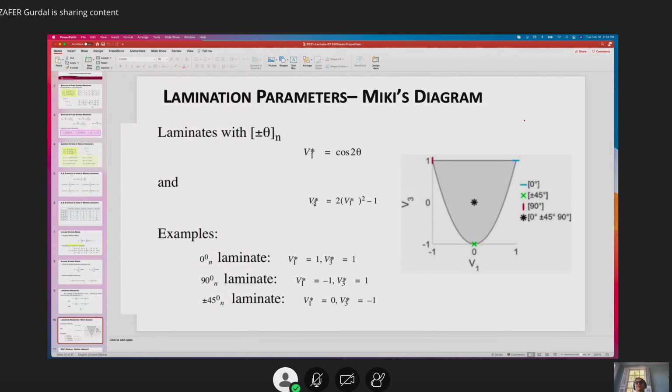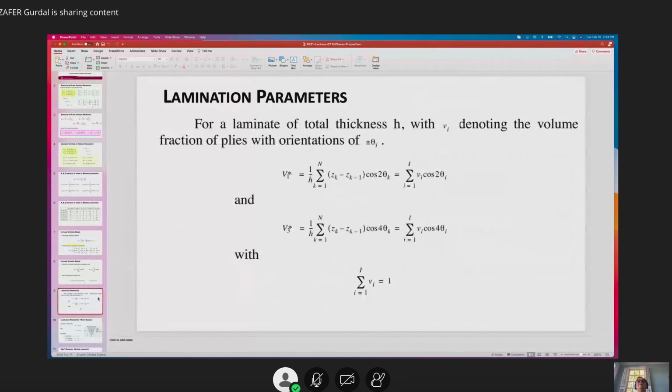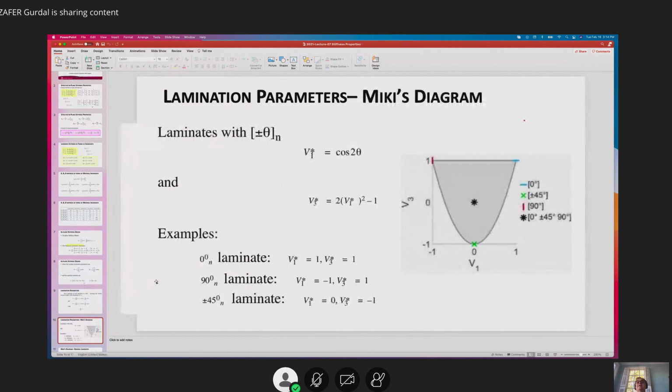If we look at V3 star, V3 star comes out to be 2 times V1 star, which is this one, squared minus 1. These are because of the trigonometric relationships. V3 was actually cosine 4 theta. So we are writing cosine 4 theta in terms of cosine 2 theta. If we do that, V3 star will be 2 times cosine 2 theta squared minus 1. Pure trigonometric relationship.